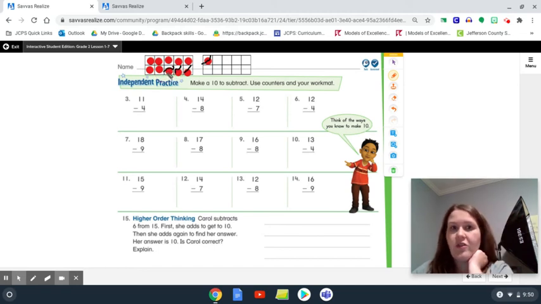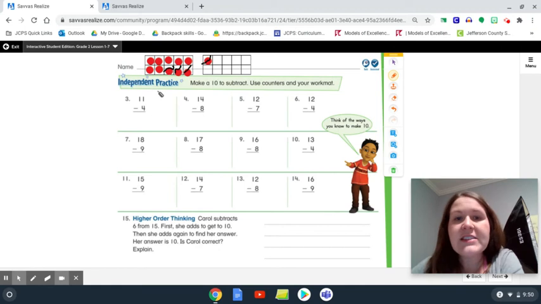So I got rid of 4. I had 4, and then I got rid of them. 1, 2, 3, 4. My lines aren't very good. I'm sorry. So now let's count and see what we have left. Ready? 1, 2, 3, 4, 5, 6, 7. So 11 minus 4 equals 7.